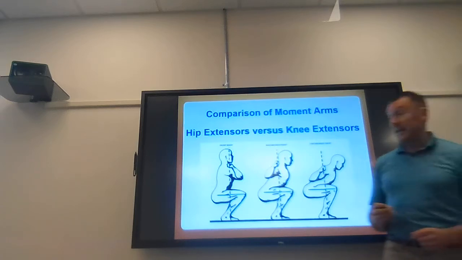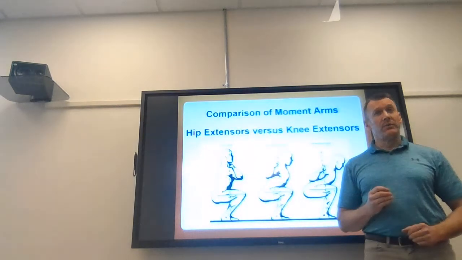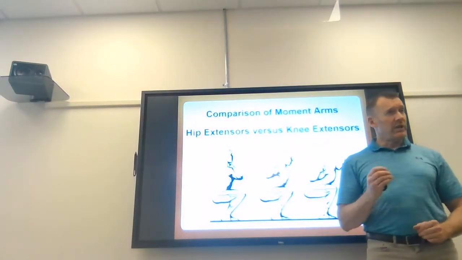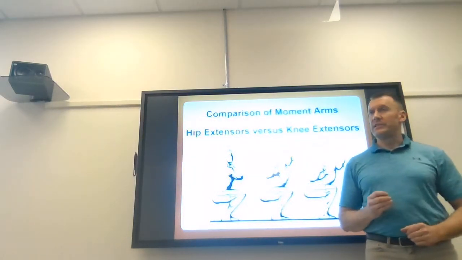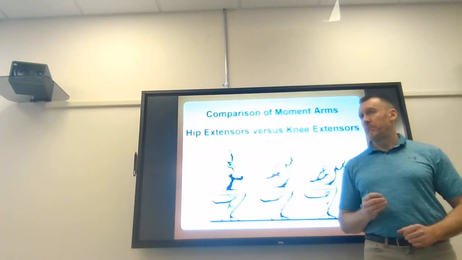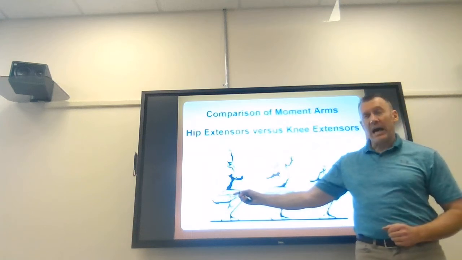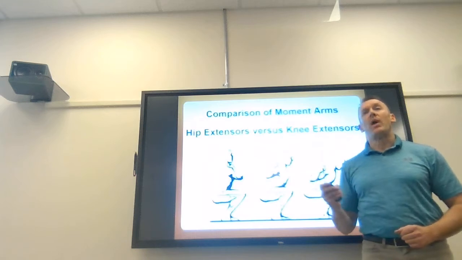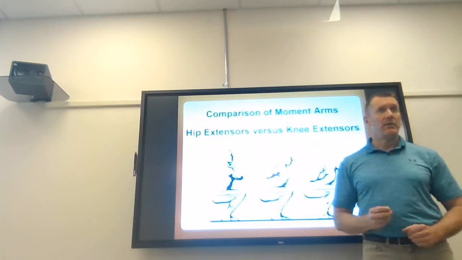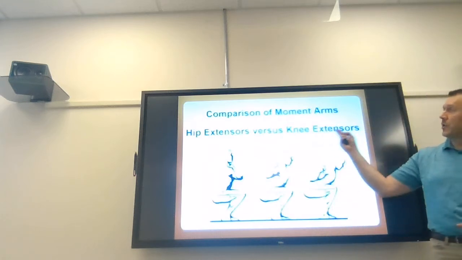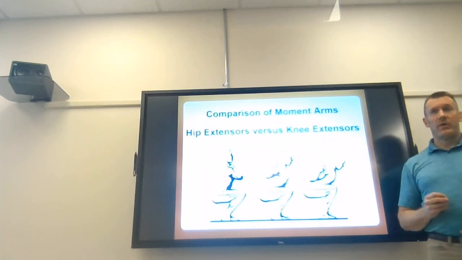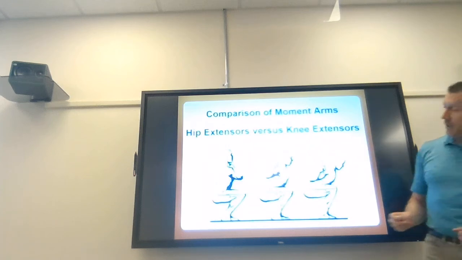So the length of the moment arm would tell you which group of muscles receives more emphasis. With a larger moment arm, represented by a greater distance between the knee joint and the line of action, there would be more quadriceps involvement. That would require greater torque from the knee extensors.